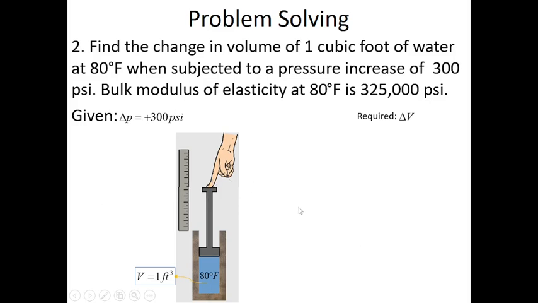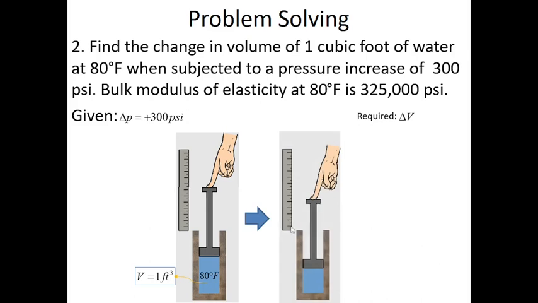So, kinompress natin para ma-attain natin yung objective na magkaroon ng positive 300 psi change in pressure. Okay? So, ito yung original pressure. Ito yung ating final pressure. Ito din yung ating final volume. Okay?